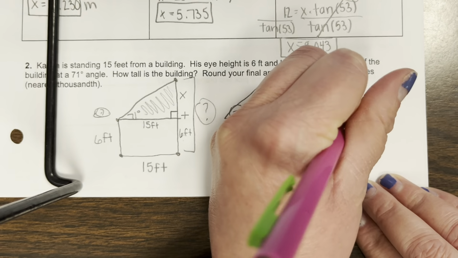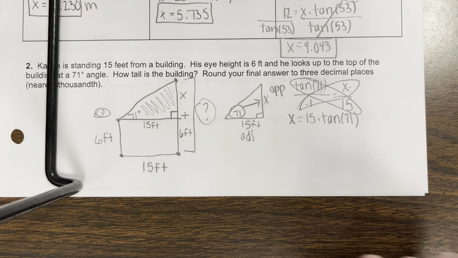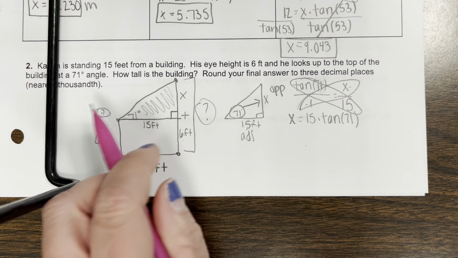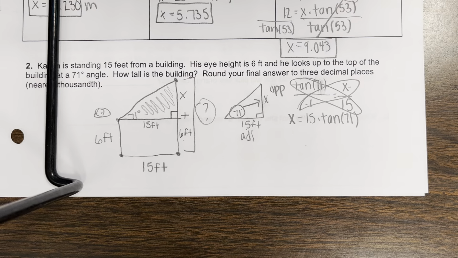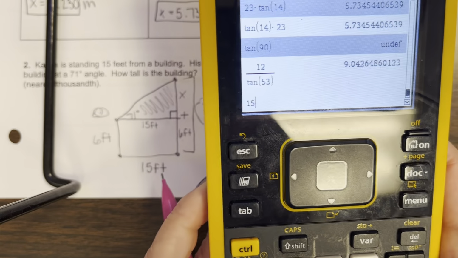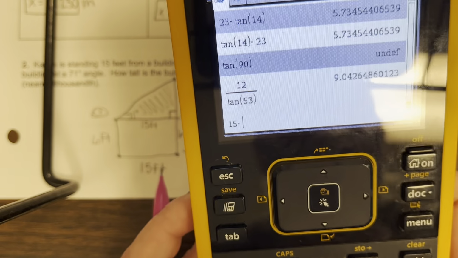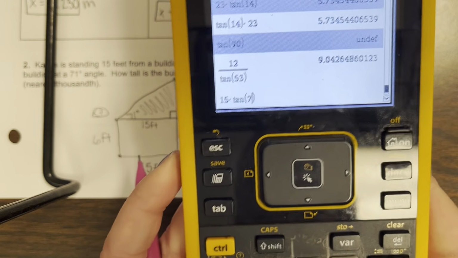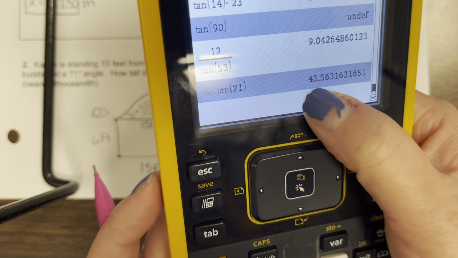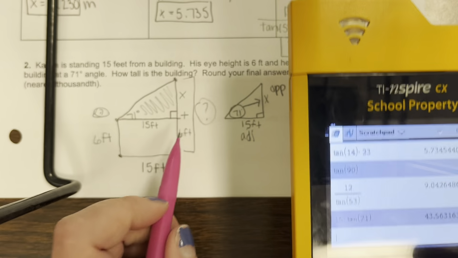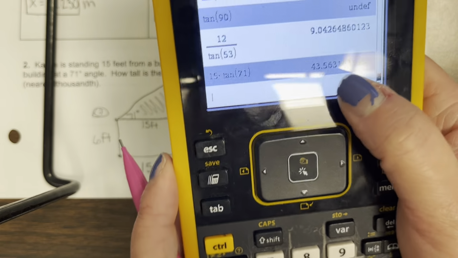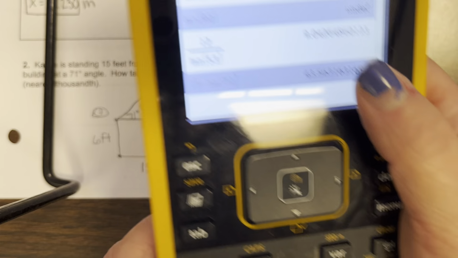And then I probably should read the rest of the directions to determine how we should round. It says round your final answer to 3 decimal places, which is the nearest thousandth. So we're going to do 15 times tangent of 71. So this answer is not our final answer because we need to add 6 to it. So we can round here because that won't change the rounding since 6 is a whole number.